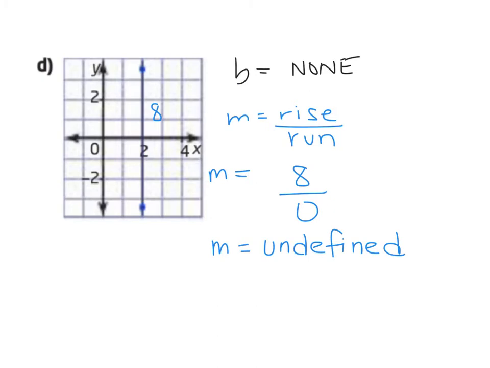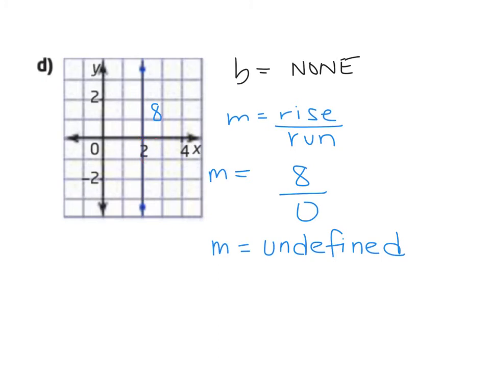There is no slope, there is no y-intercept. The one thing we do know, however, about this line is that it touches or crosses the x-axis, at a value of 2 for this particular graph.